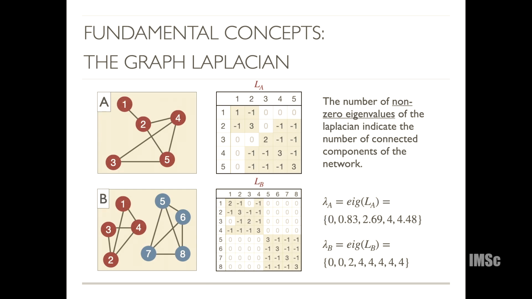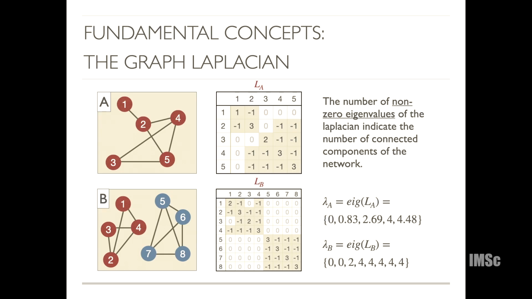Given the graph Laplacian for a network, you find the eigenvalues. For these two networks, here we have one component, here we have two components, and this is what they look like. You write down the eigenvalues. Here you have 0, 0.8, 2, and so on. Here you have 0, 0, 2, 4, 4, and so on. It turns out that the total number of zero eigenvalues tells you how many components there are in the network.